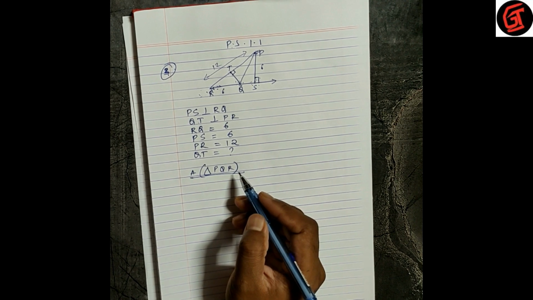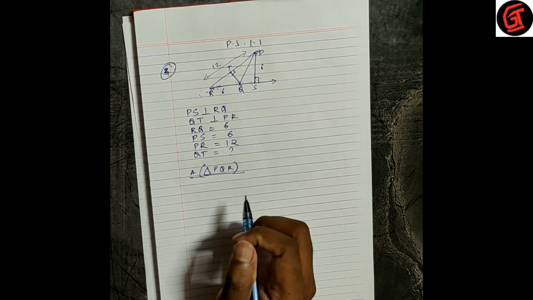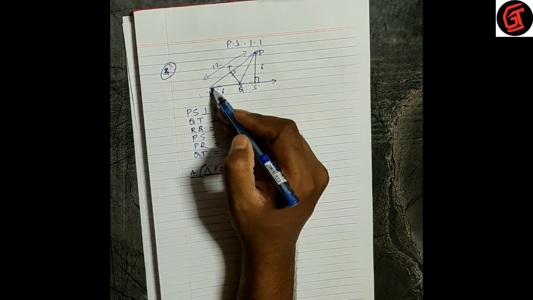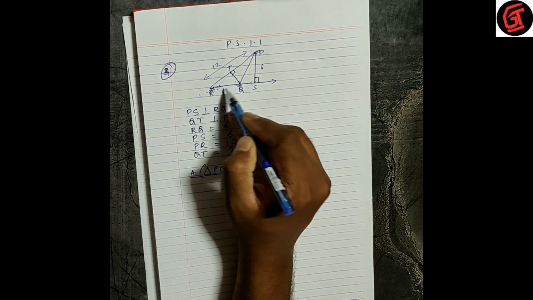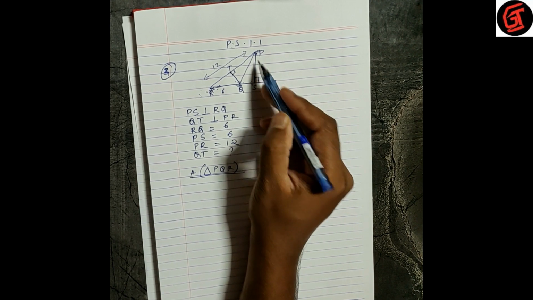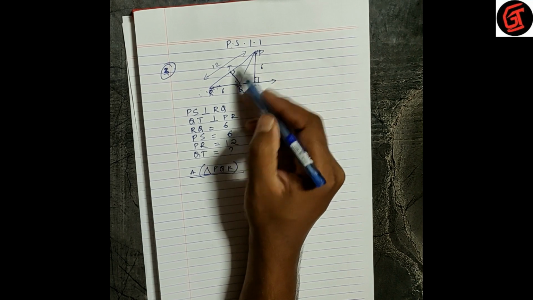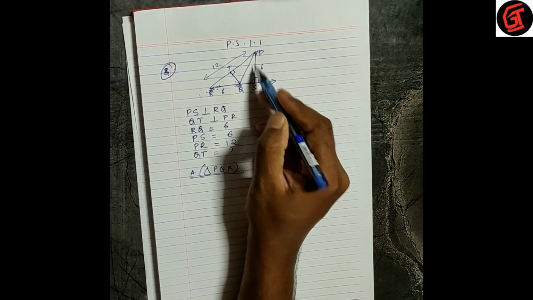Now if you see triangle PQR, we can check that some other base and height are also there in triangle PQR. We have one more base, that is QR as the base and PS as the height, because this also is PQR. Here also there is a base, and here also there is a height.